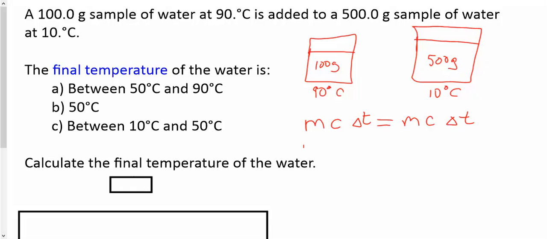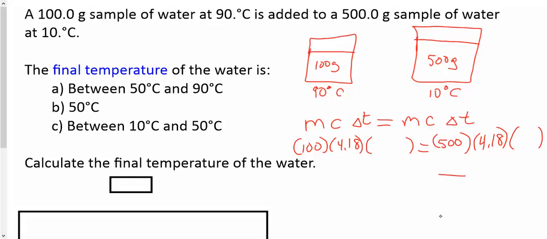So we put 100 grams for our mass. Water's specific heat is 4.18, as you know. We'll leave the delta T blank for a second. The mass of the cool water is 500 grams. The C of the cool water is 4.18, and the delta T we'll leave blank.